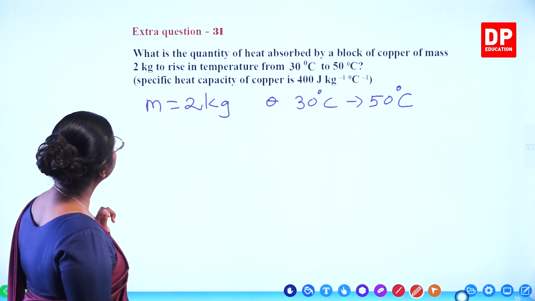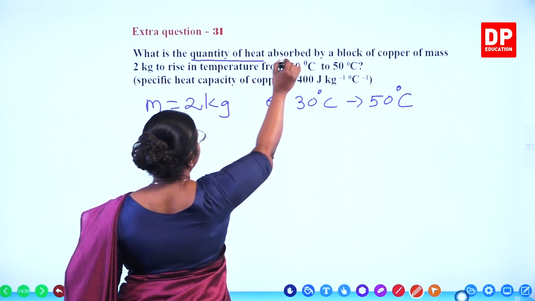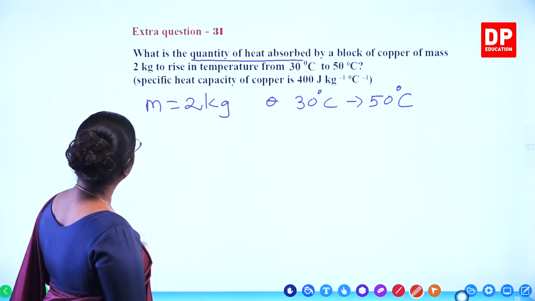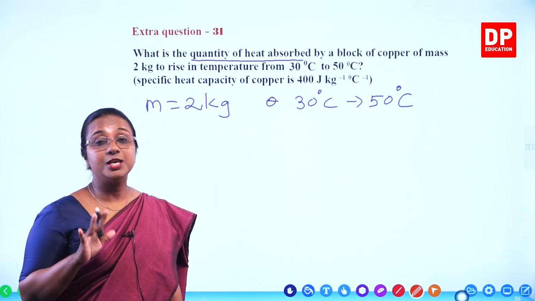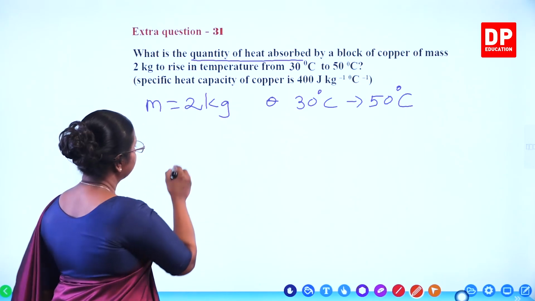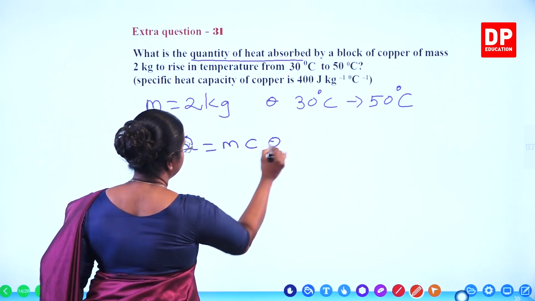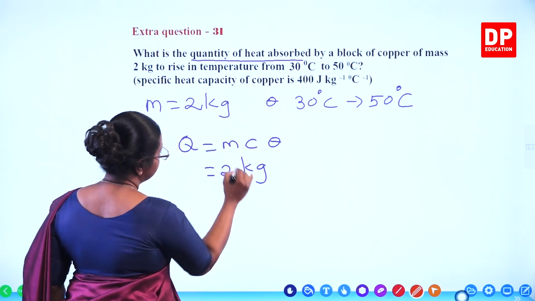So, what is it we need to calculate? What is the quantity of heat? So, here what is the quantity of heat absorbed by a block of copper of mass 2 kilogram? So, students, you all know what the equation is. Q equals mc theta. That is what we need to use. What is m? 2 kilogram given in the standard unit.